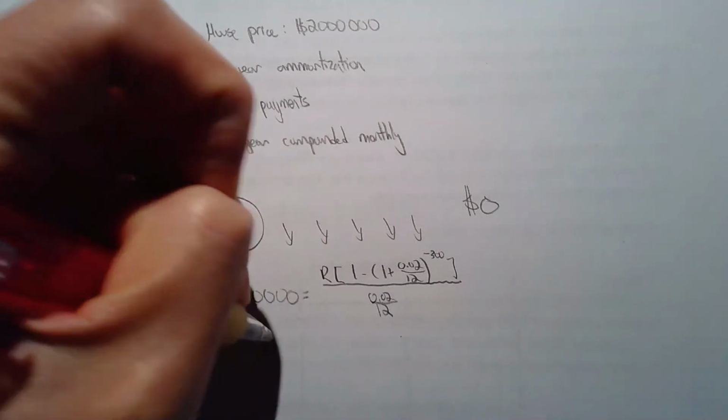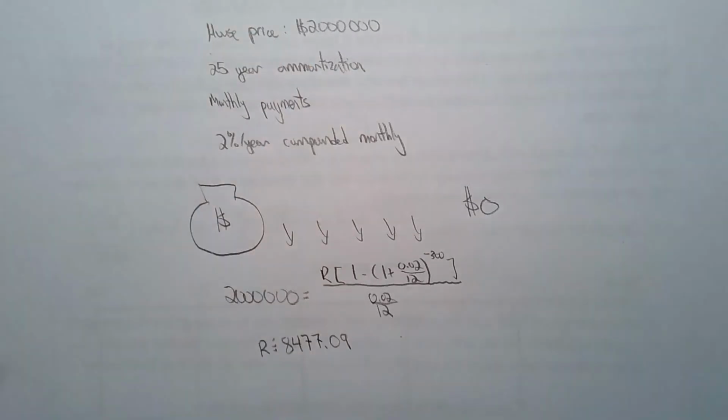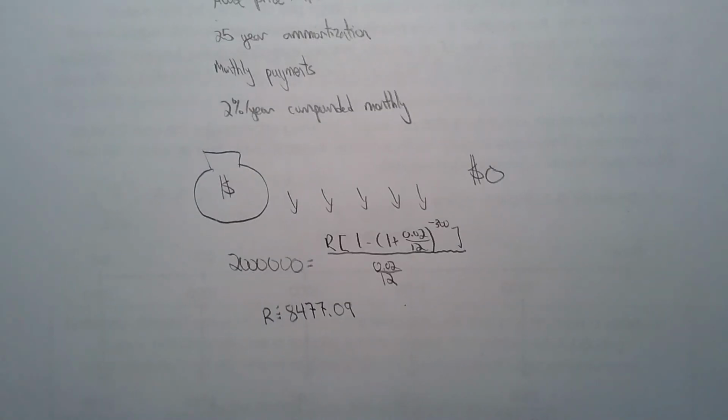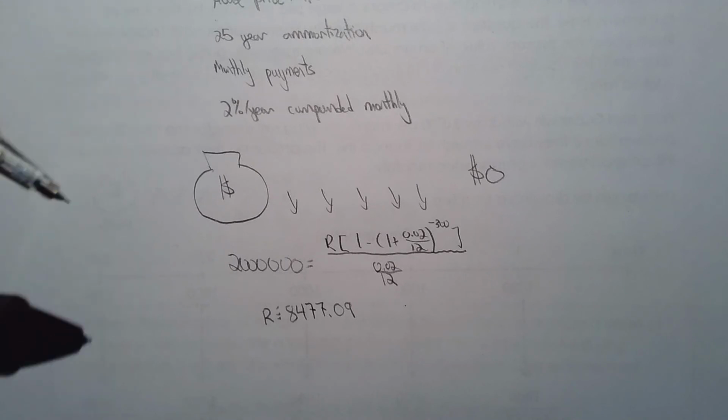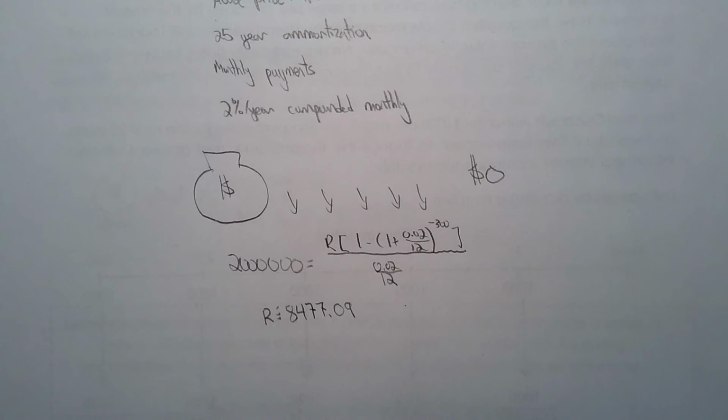Oh my goodness, maybe I made a typo, but I'm pretty sure I didn't. Let that sink in. $8,477.09. That's just to live in this house. There's stuff you have to pay for, like property tax and all those bills that I mentioned earlier.